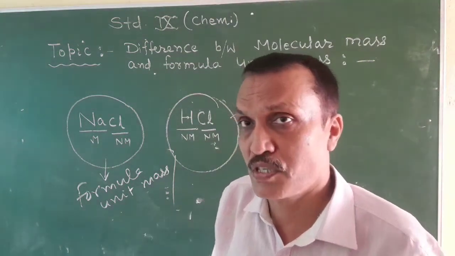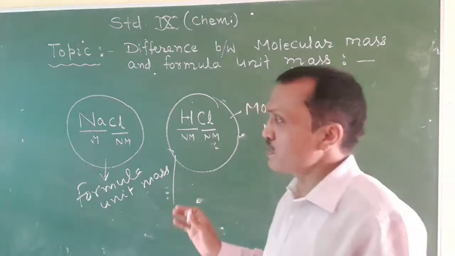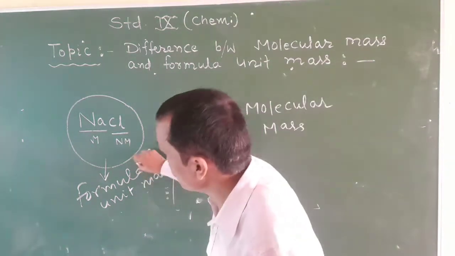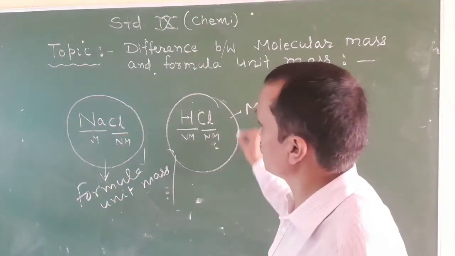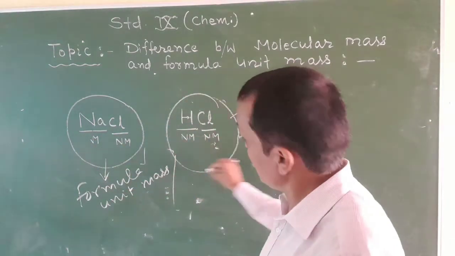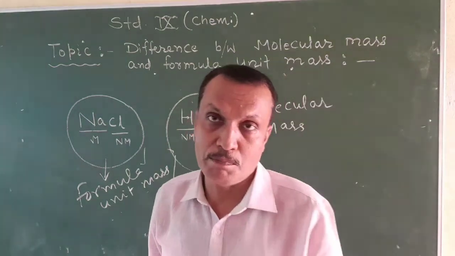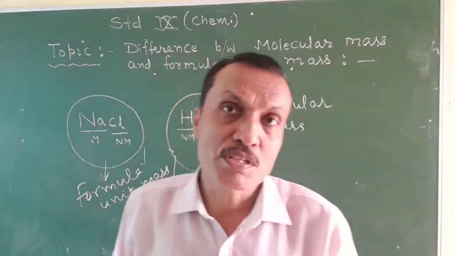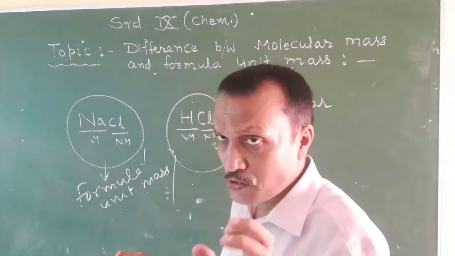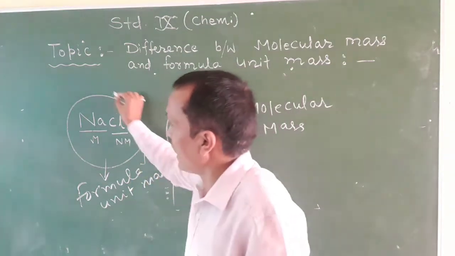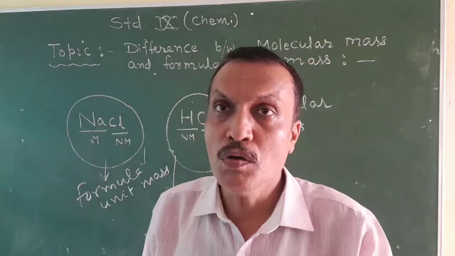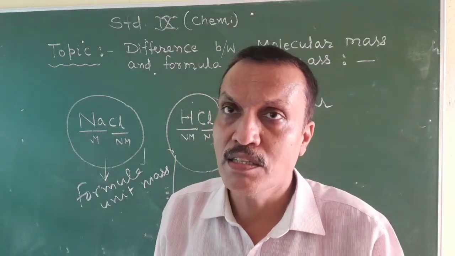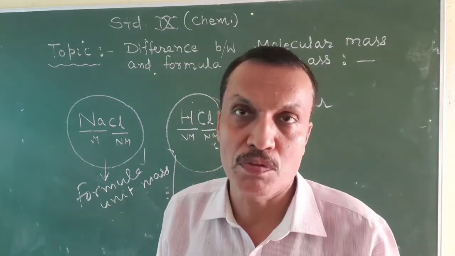Okay, now students, let me say why formula unit mass for ionic compounds and why molecular mass for covalent compounds. Actually, ionic compounds do not exist as discrete molecules.